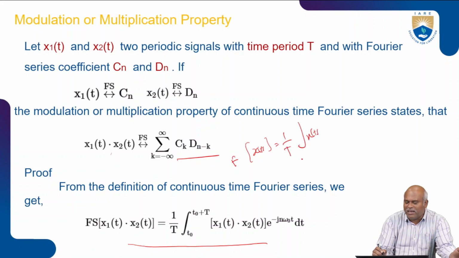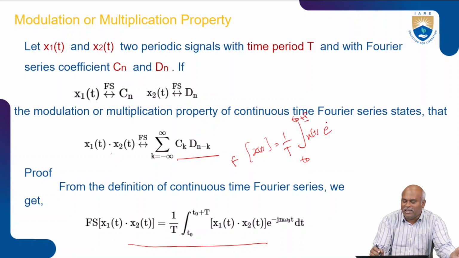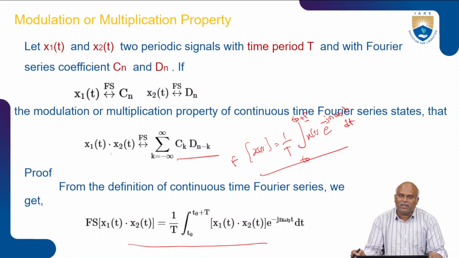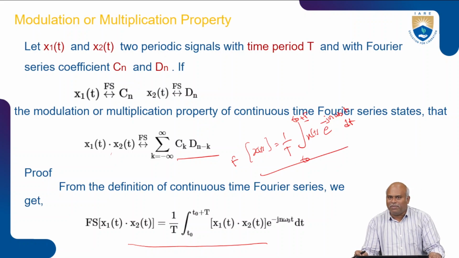This is represented from t0. It is periodic, that is why t0 plus capital T, where the fundamental period is represented as capital T. T0 to T0 plus T is the fundamental period. Then x of t e power minus j n omega 0 t dt, we should write. So this equation I am going to utilize to prove the modulation or multiplication property.